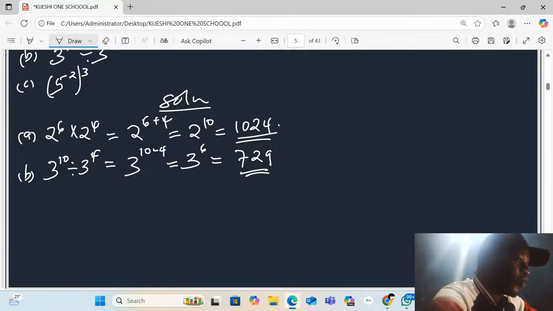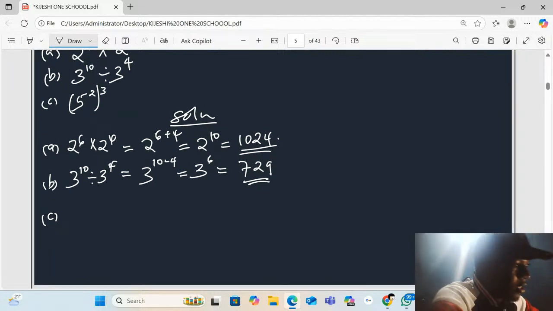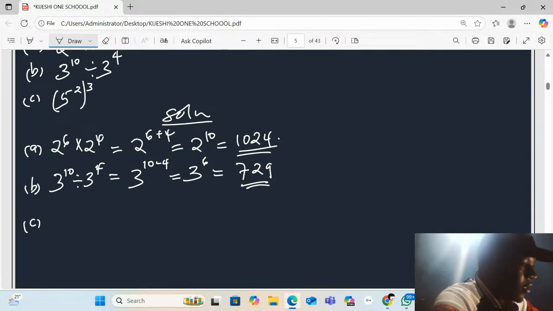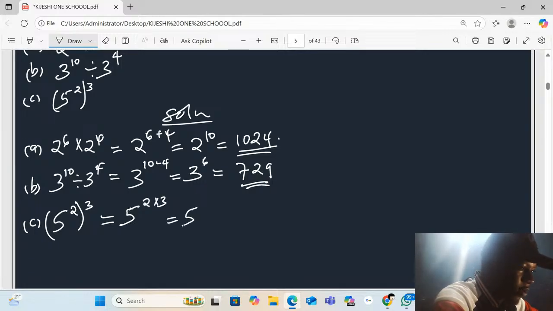Then we move to C. Now C is 5 raised to 2, then into brackets raised to 3. So in this case, you simply take the base, which is 5, and then you multiply the powers, that is 2 times 3. So 2 times 3, we're going to get, now we have 5 power 6.